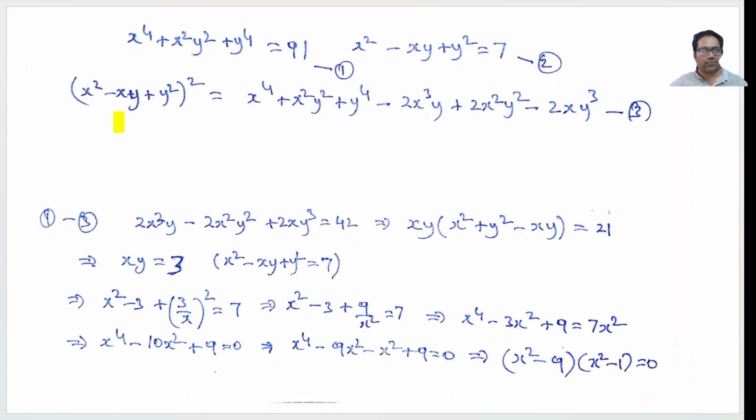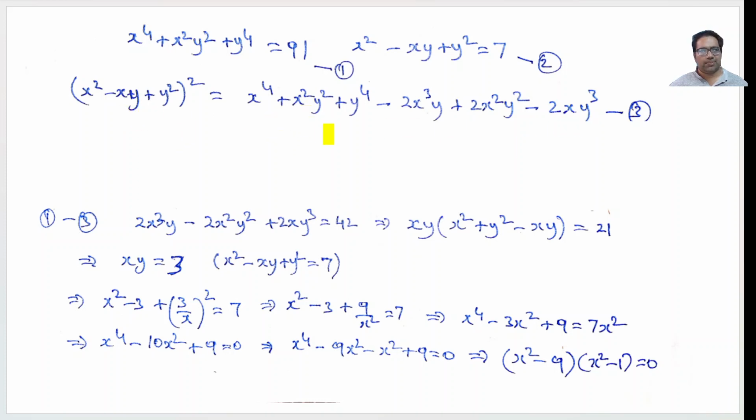Then 2 times x square into minus xy is minus 2 x cube y. Then 2ac is plus 2 x square y square. Then 2bc is minus 2 xy cube.